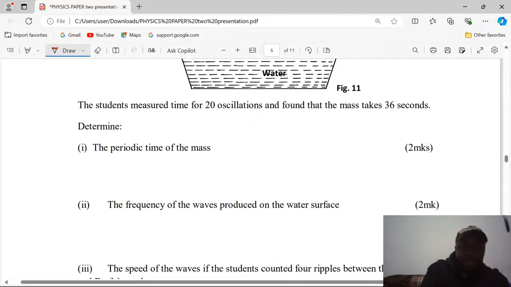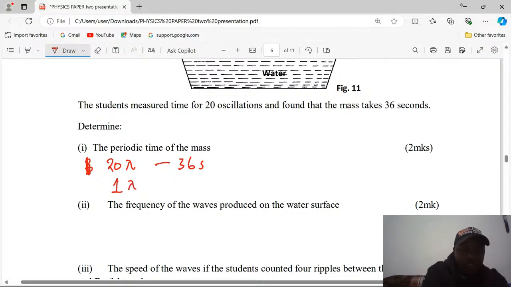So 20 cycles, or 20 wavelengths, are taking 36 seconds. What about just one oscillation?